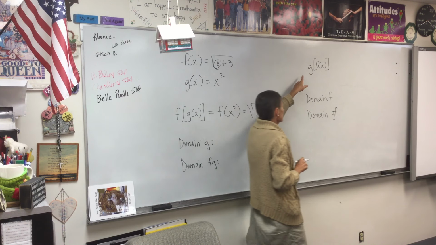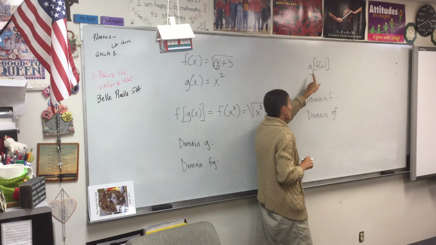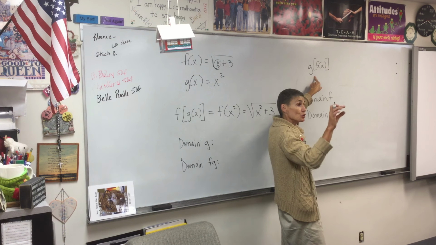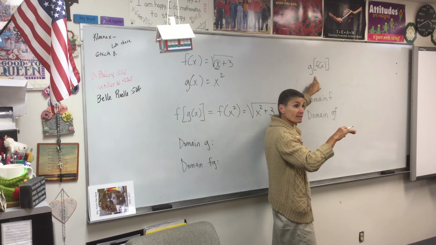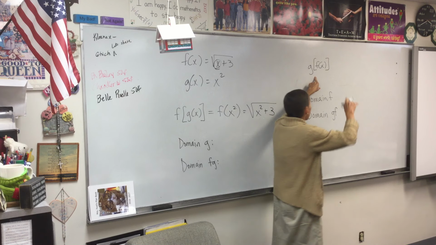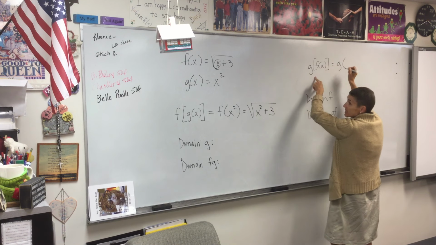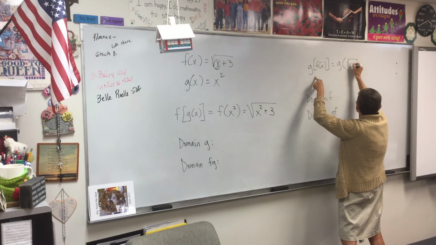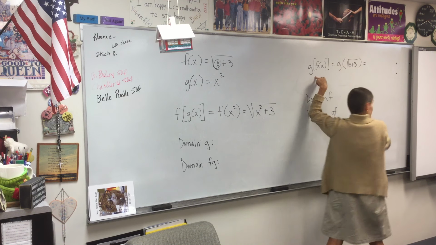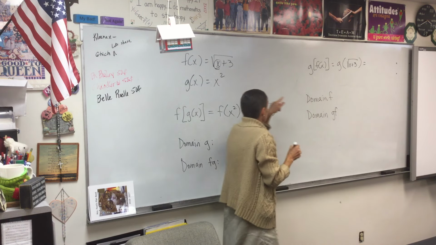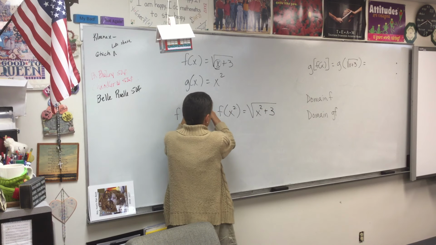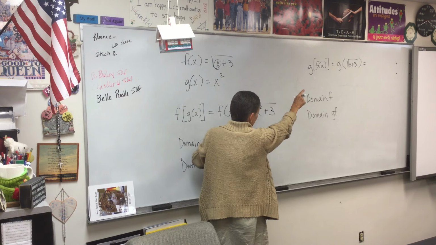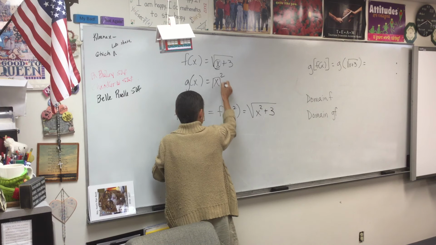Now, let's come over and do this one, then we're going to answer these domain questions. This one says G of F of X. So that means we're going to find G of the square root of X plus 3. So that means, here's my G function. That means I'm going to take the square root of X plus 3 and plug it in right here.